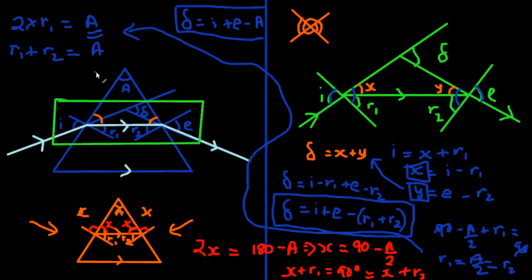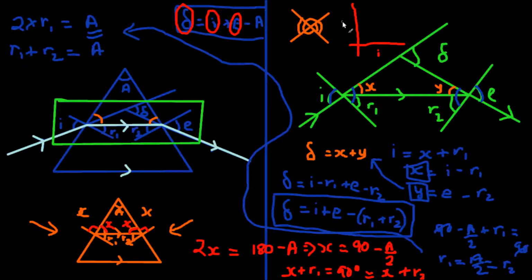Now also, this angle of deviation varies with the angle of incidence, and with the angle of incidence the angle of emergence also varies. And if you draw a graph for angle of deviation with change in angle of incidence, I'm drawing it here. This is angle of incidence, this is deviation.